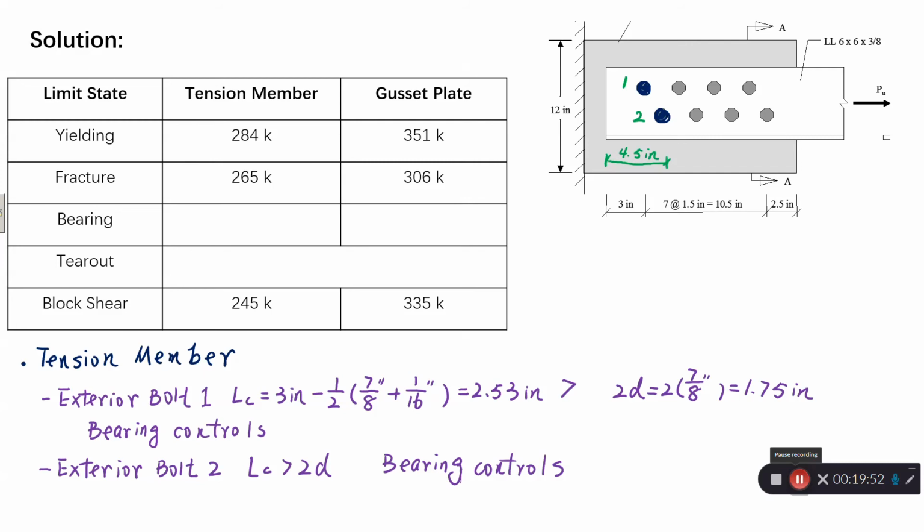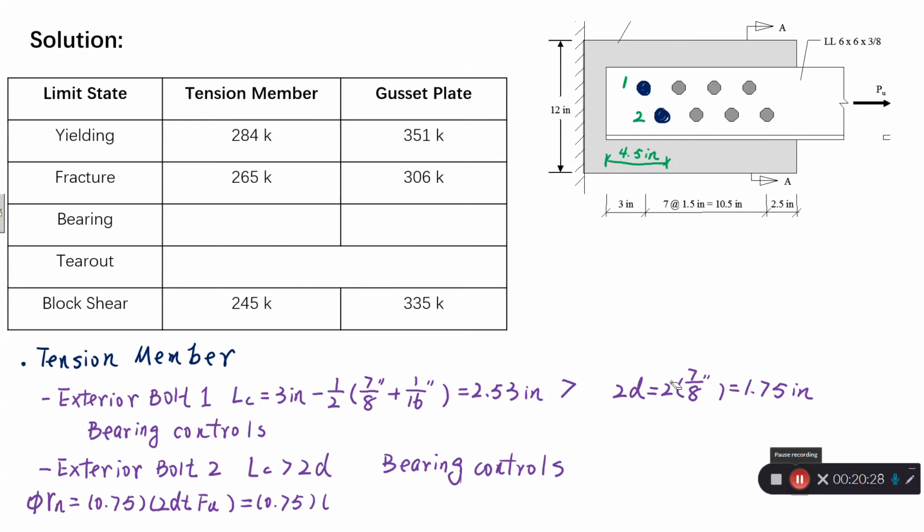Right, and so then I'm going to determine phi Rn. So phi Rn for bearing is equal to 0.75 times 2 d t Fu. So it's equal to 0.75 times 2 times d, 2d.